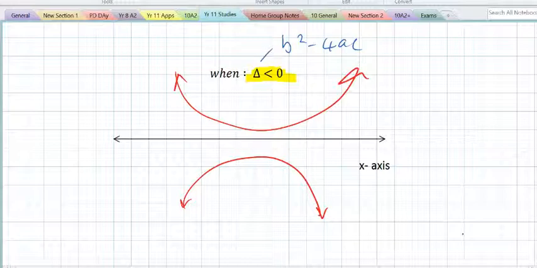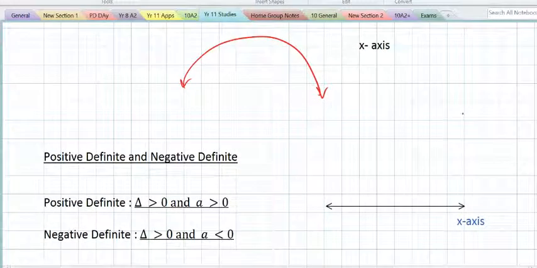We can call a quadratic positive definite if it has two things. If its discriminant is less than 0, we know it doesn't touch. If its leading coefficient, that is a, is positive, it's positive definite. So our definition of the two is that a quadratic is positive definite if the discriminant is less than 0 and a is greater than 0, giving you a smiley face above the x-axis.